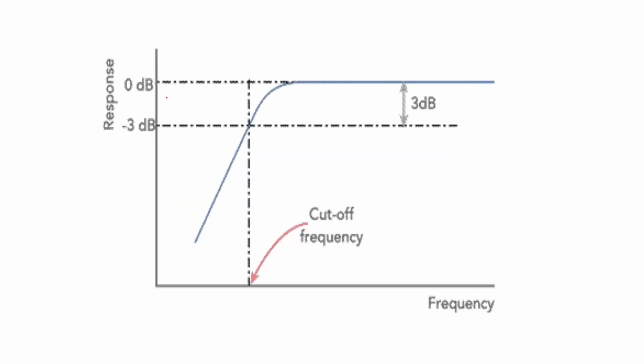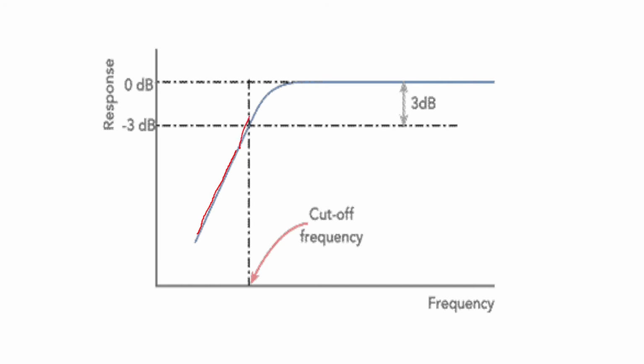Similarly, if you see the practical response, then you will not get a sharp response. You can see that there is a sudden increase here once you reach the cutoff frequency. Once you are nearer to the cutoff frequency, you see that the gain of the output goes on increasing.